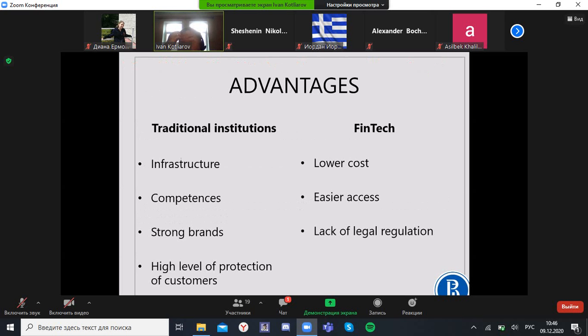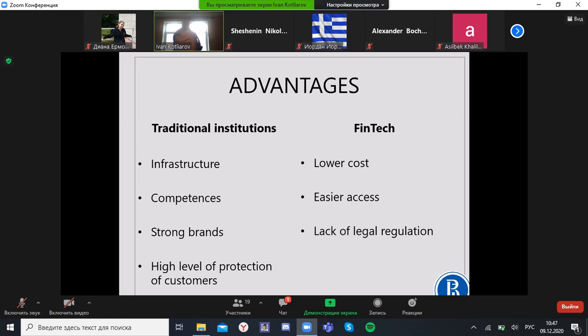Okay, but first of all, let's understand the advantages of traditional institutions and digital financial companies. In case of traditional institutions, the core advantage is infrastructure, obviously. Traditional banks have a lot of outlets throughout the country, so they have a developed financial infrastructure, so they are able to offer a wide choice of products and services.